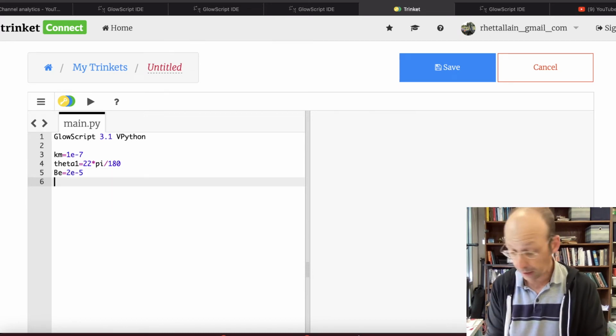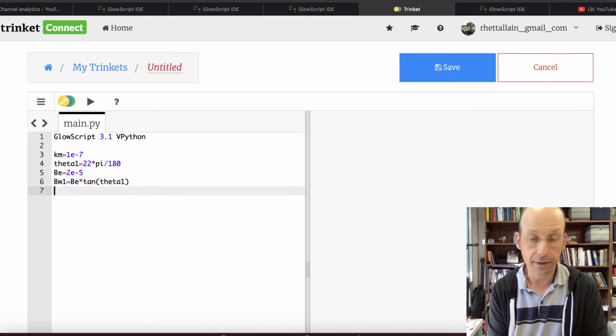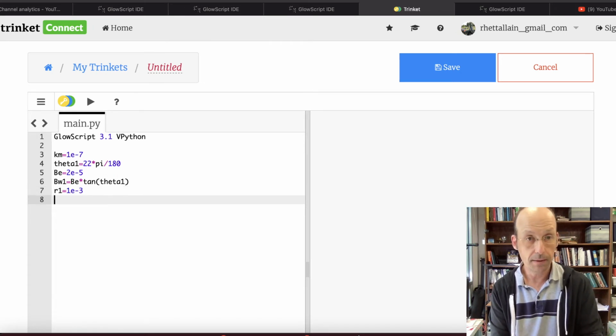Okay, let's just go ahead and calculate B wire 1. BW1, it's just going to be BE times tangent of theta 1. I don't even need to write that down if I don't want to. But now I can go over here and say I equals, I need R1. R1 equals 1 times 10 to the negative 3.